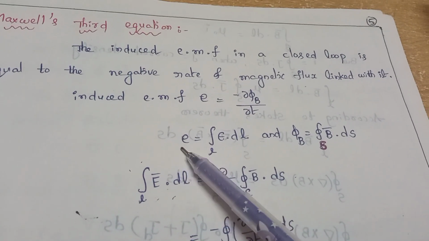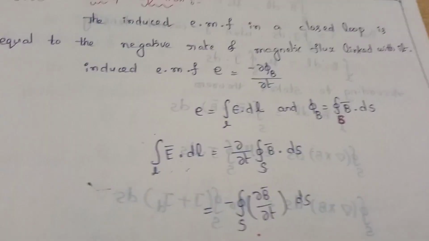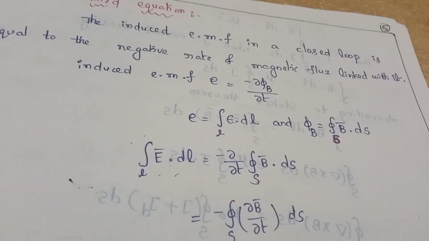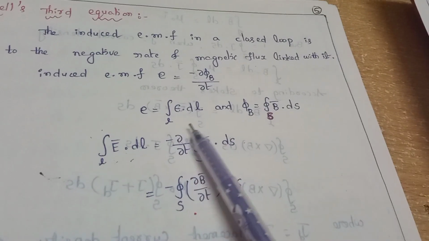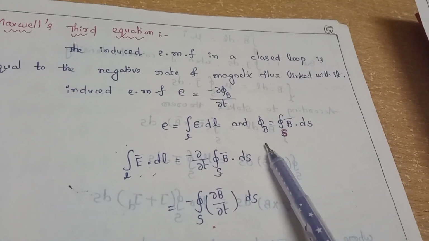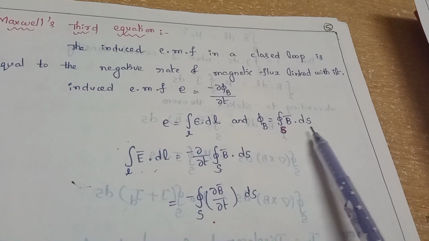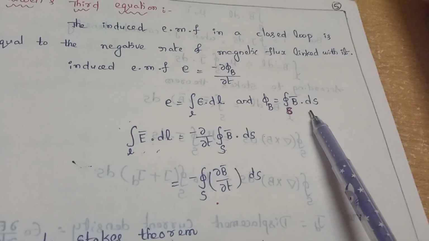But the induced electromotive force is equal to the line integral of the electric field. So e is equal to the integral of E dot dl, and phi B, we know, is the surface integral of B dot ds.